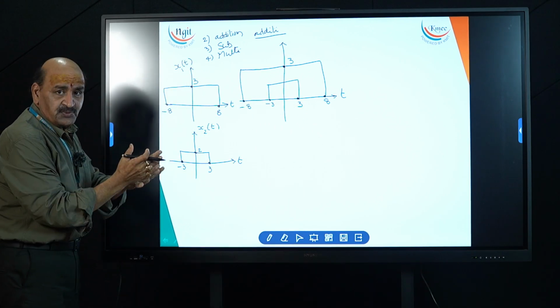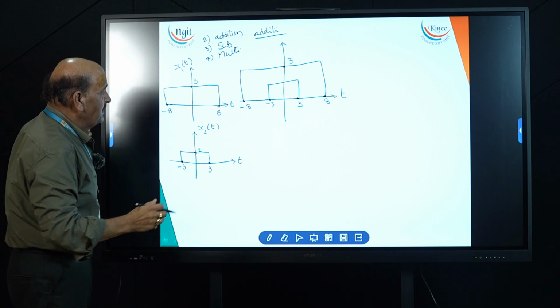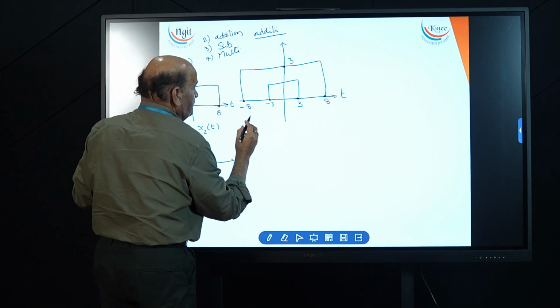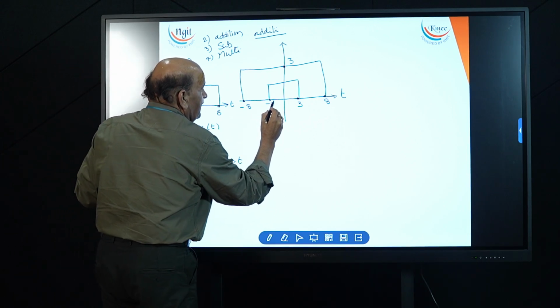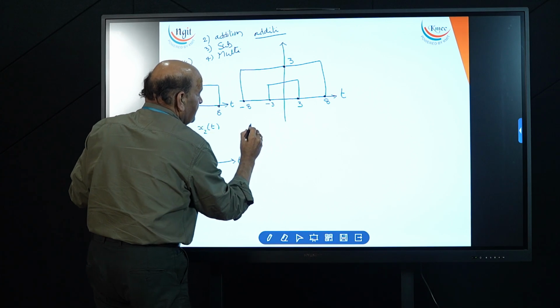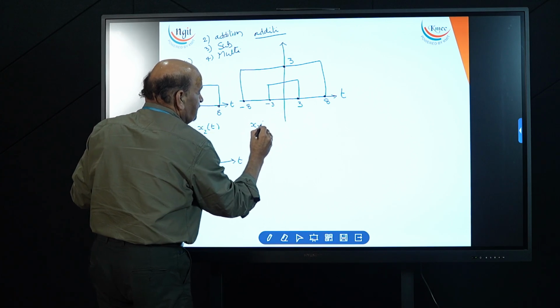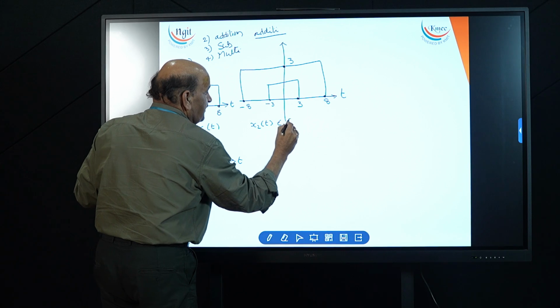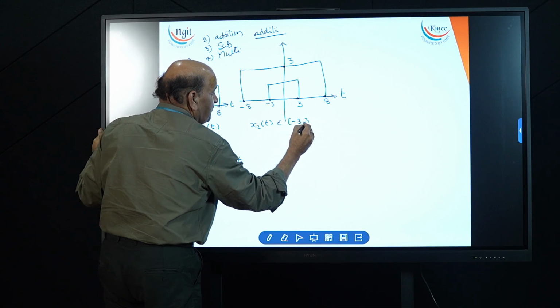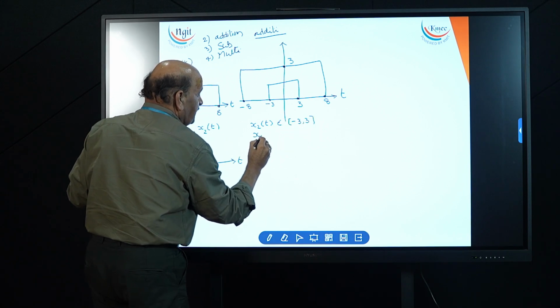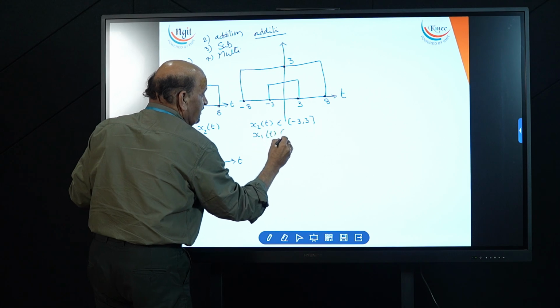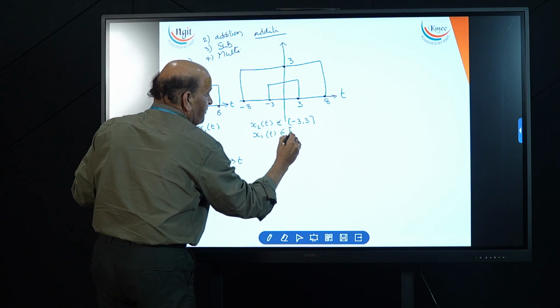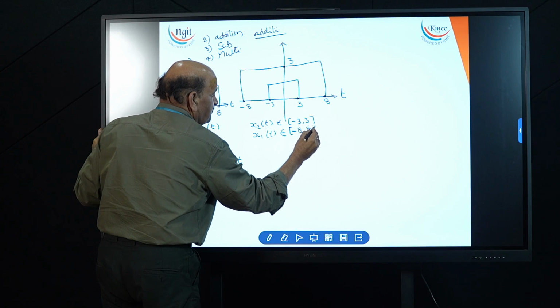We combine these 2. Now just look at. One thing students have to remember. The width of the small signal, that is -3 to 3. Width of big signal, that is -8 to 8.